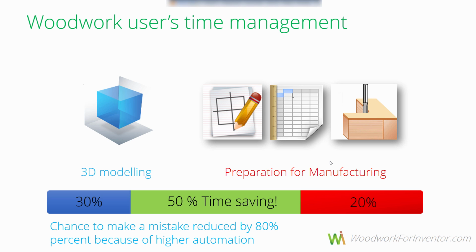Now we can speak about examples, because we usually get the question, what kind of furniture can be made with Woodwork for Inventor? In fact, a lot of various furniture types can be made. There is no restriction you will face, so virtually any type of thing made from wood can be designed in Woodwork for Inventor.